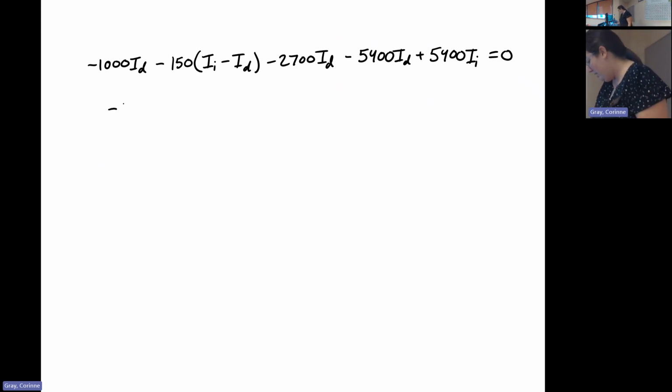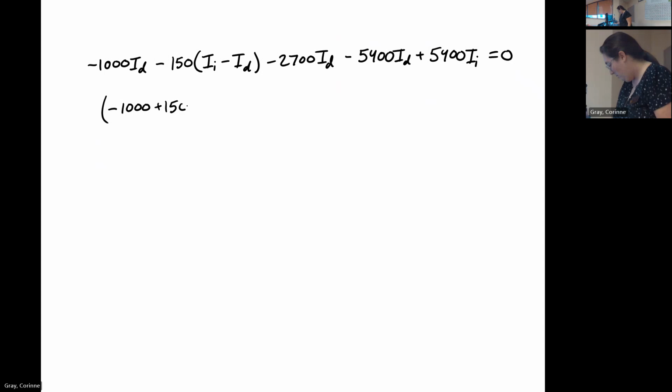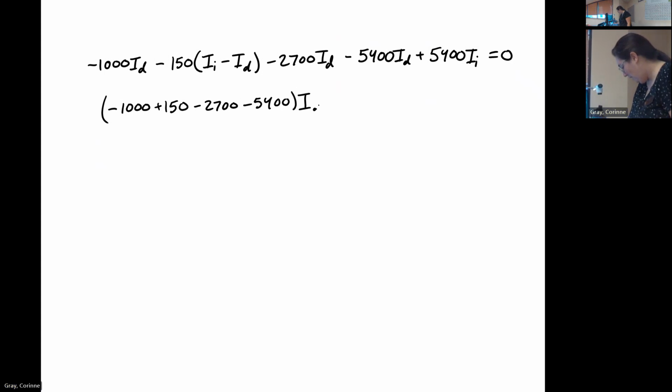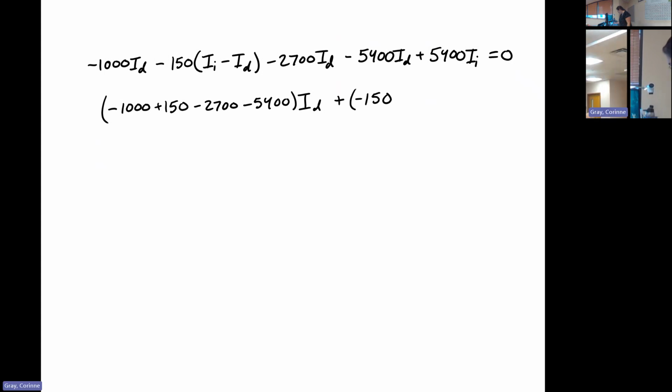I'll have minus 1,000 minus minus, so plus 150 minus 2,700 minus 5,400 ID plus negative 150 plus 5,400 II, which is 5 milliamps, equals 0.